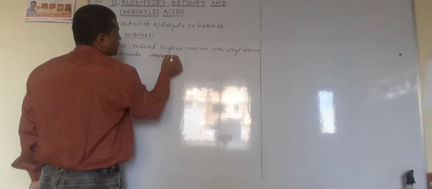Nitriles reduce in the presence of stannous chloride with HCl, followed by acid hydrolysis, to give the corresponding aldehyde and ketones.